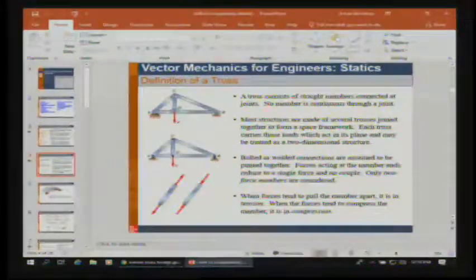Would tension and compression then be the same numeric value, but with different signs? That's exactly correct. Tension is normally considered to be positive, and compression is considered to be negative. Why though?